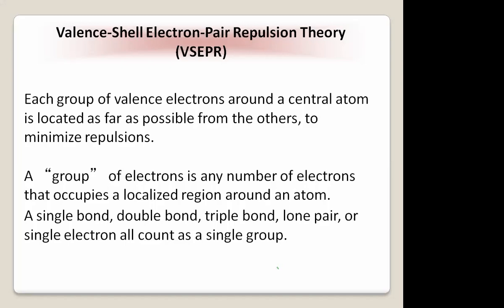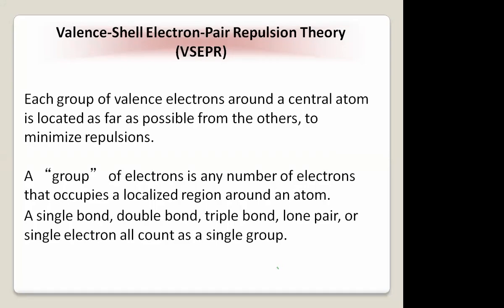When we get to the depth of the theory, you will understand what I'm trying to say here. So a single bond or a double bond or a triple bond that is formed will be based on this concept of Valence-Shell electron-pair repulsion theory.